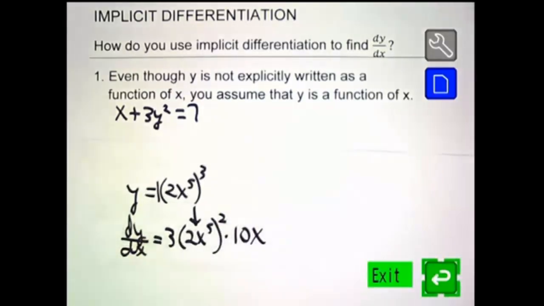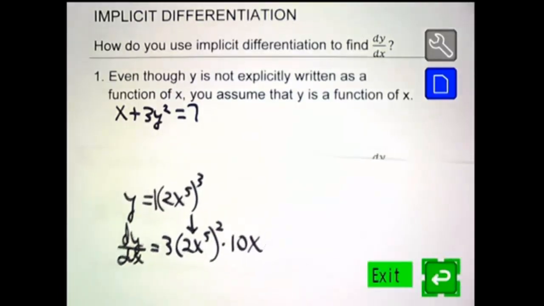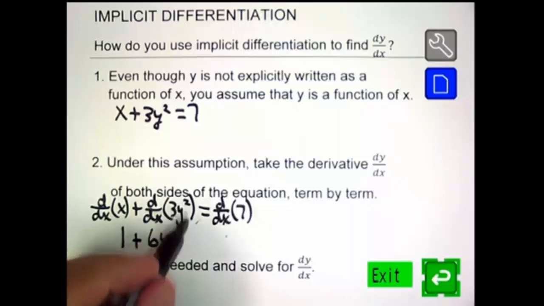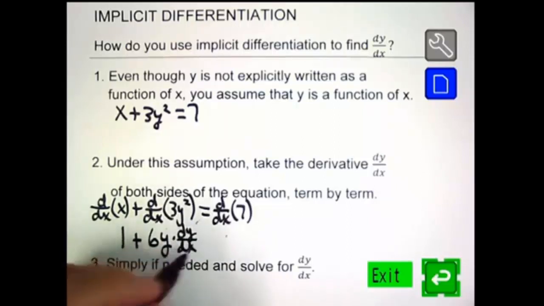So that's the same sense that I'm thinking of y back here. y is some function of x. So when I take 2 times 3 and get 6 and take the 2 down to 1 and get just y to the first, I still have to come back and multiply by the derivative of y, which symbolically is dy over dx.